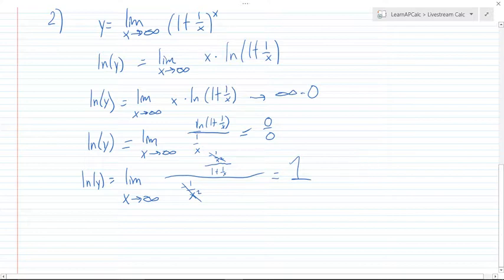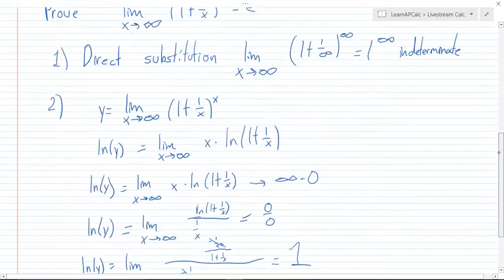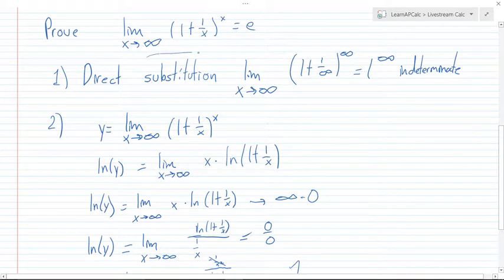And now I told you that you didn't have to keep writing ln of y, but that I really recommend it, and that's because of this. We've solved our limit and we've gotten 1, but remember that the limit definition is saying that this is equal to e. So are we wrong? Did we get the wrong answer?